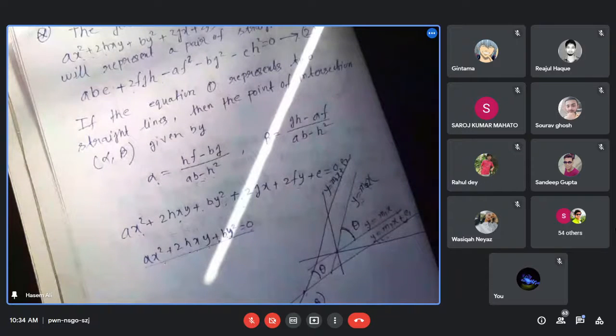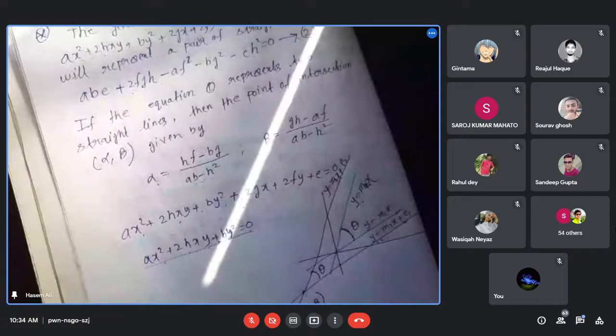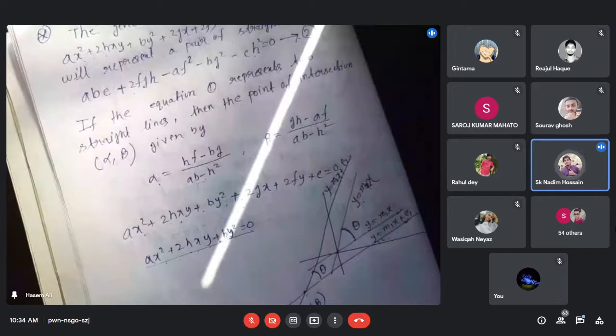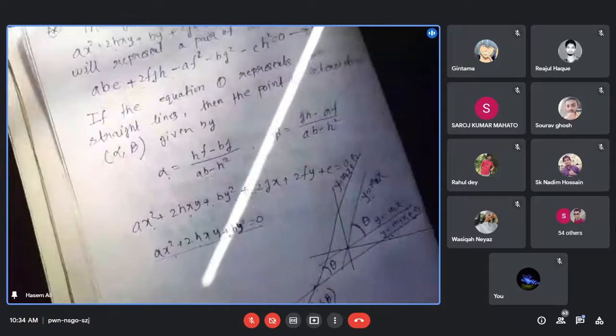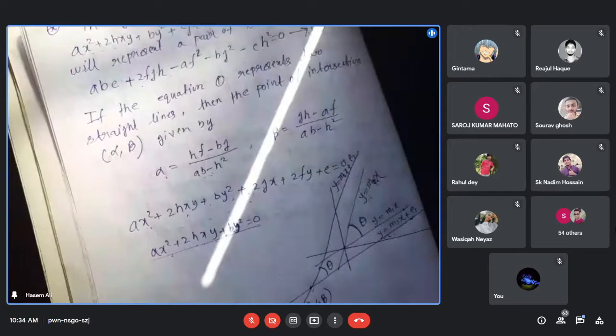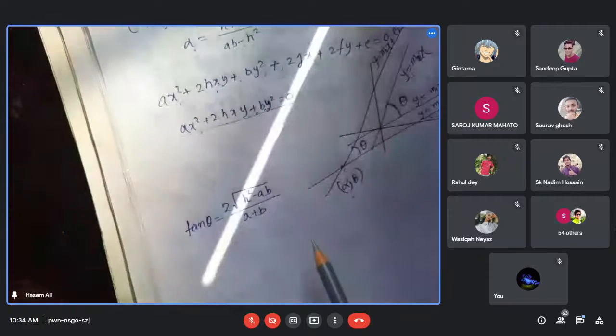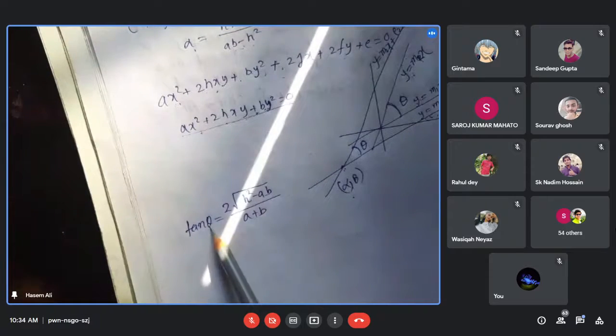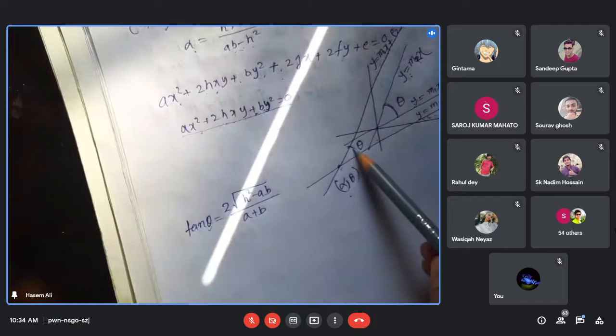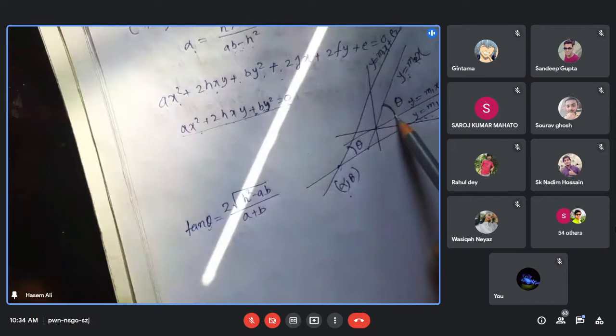Remember, tan theta equals 2 root over h square minus ab divided by a plus b. So this is the angle between these two straight lines and also these two straight lines.